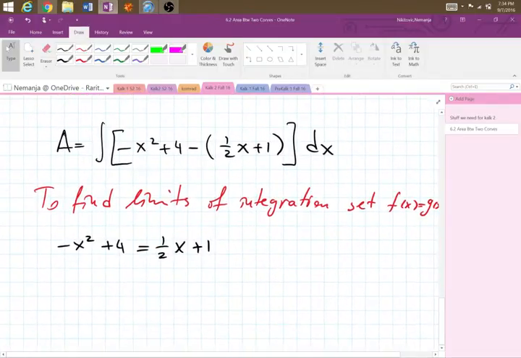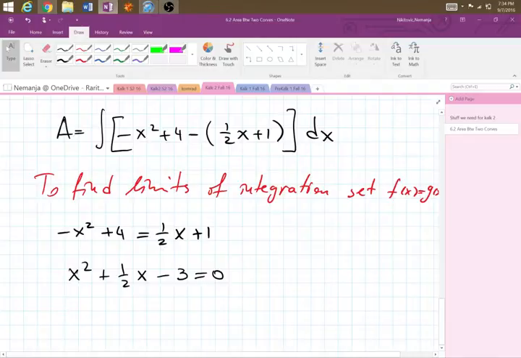And we solve this. So move everything to the same side, maybe even multiply through by 2 so we don't have fractions. And now solve this using any witchcraft you know.